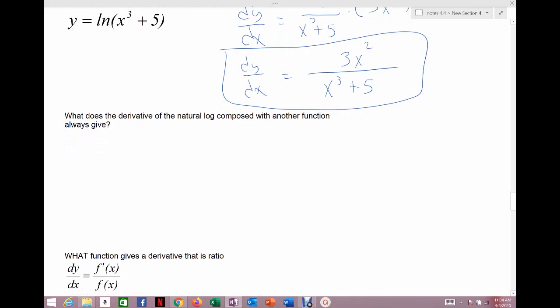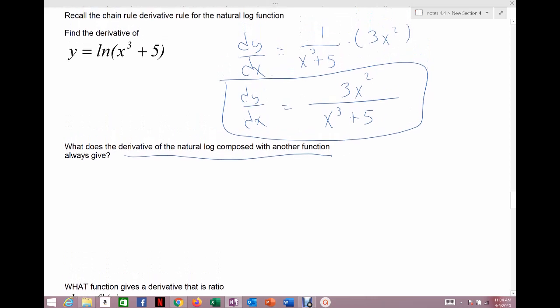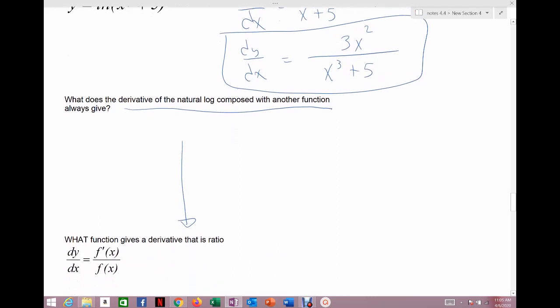All right, so if I were looking at the derivative of a natural log that involved composition, or again, the chain rule, a function inside another function, where my natural log is the outside and the derivative is the inside, well, we always get the ratio. So the answer to the question is this below. This is what we always get.